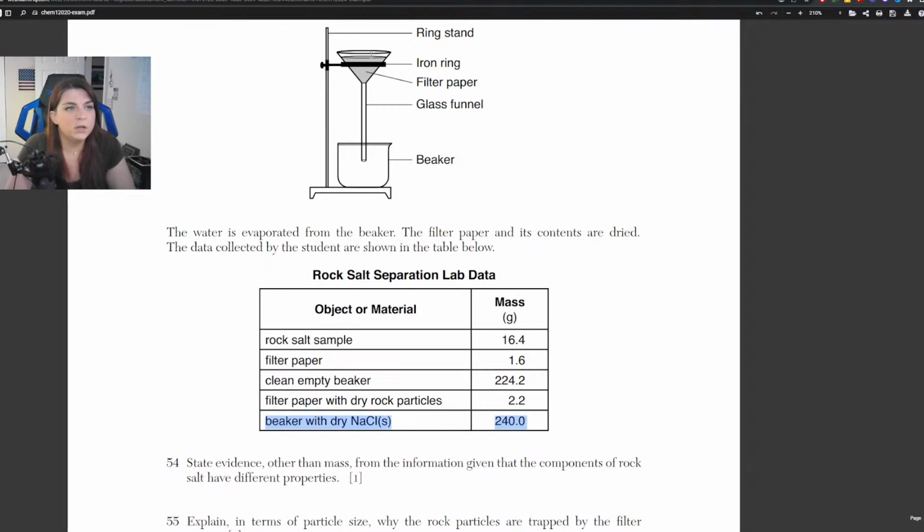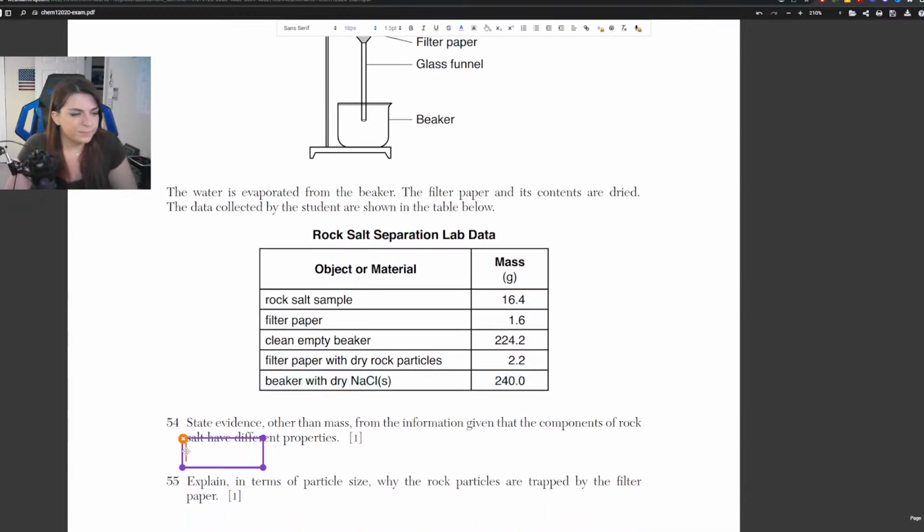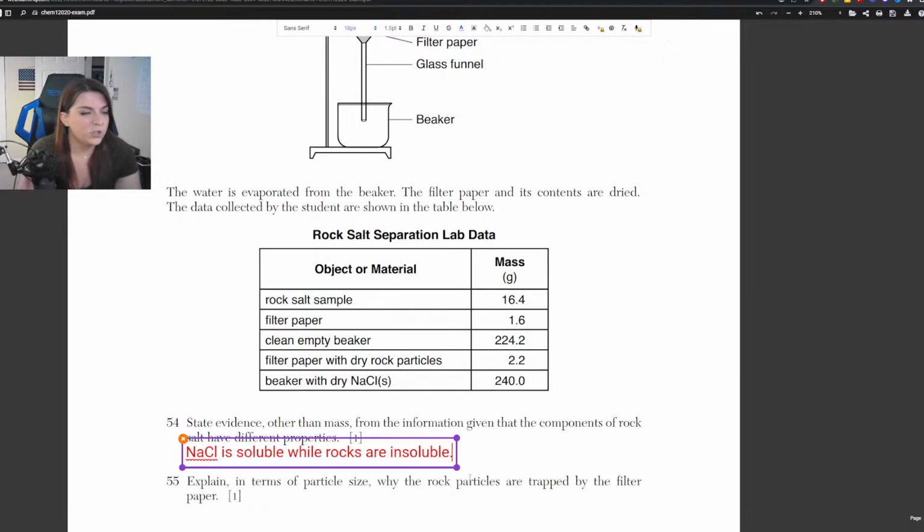So it's clear that the water washed the salt into the beaker, but it wasn't able to wash the rocks into the beaker. So it's that NaCl is soluble. So that's the first option.